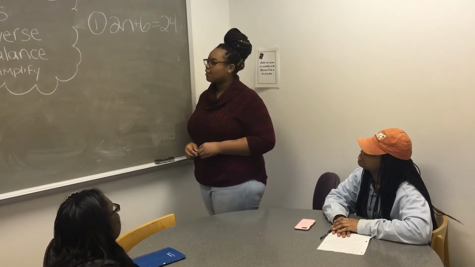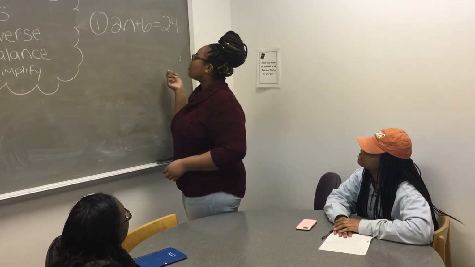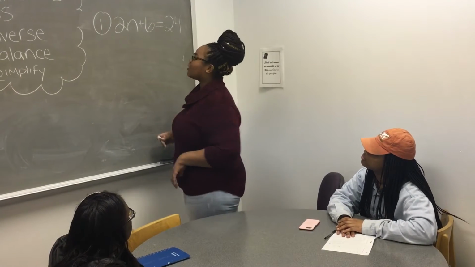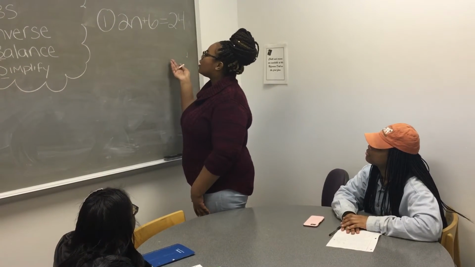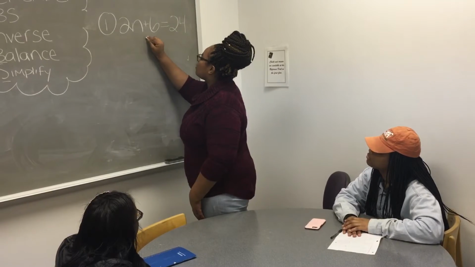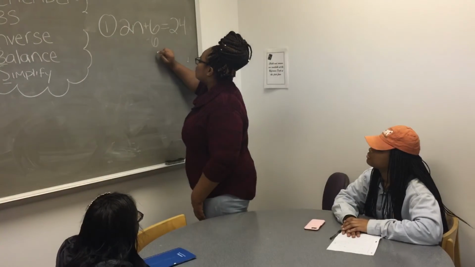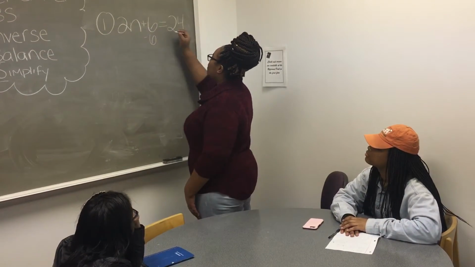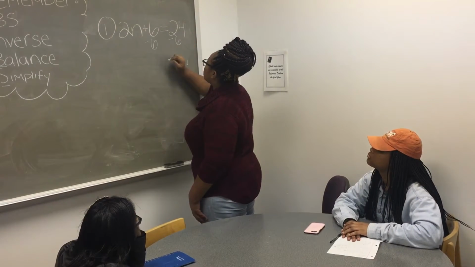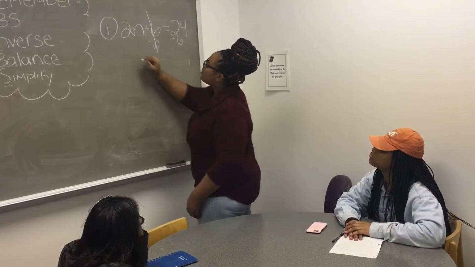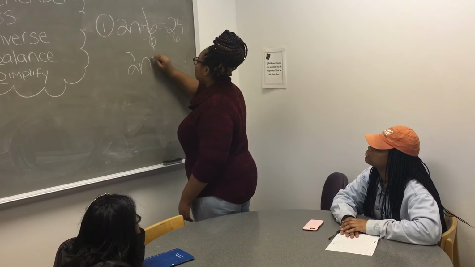Diamond? 2. Okay, so since there are 2 operations, we're going to repeat IBS twice. So first, we want to isolate n. We're going to do the opposite of addition, which is subtraction. Then we're going to balance it. We're going to subtract 6 from both sides. These are going to cancel out. What's going to be left is 2n equals 18.